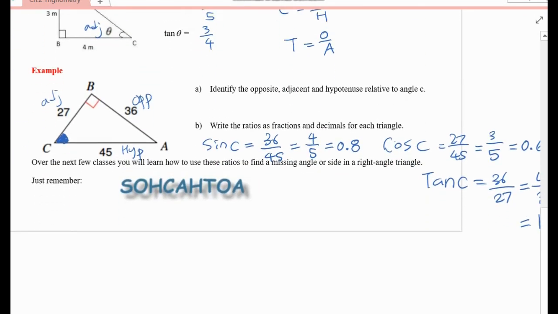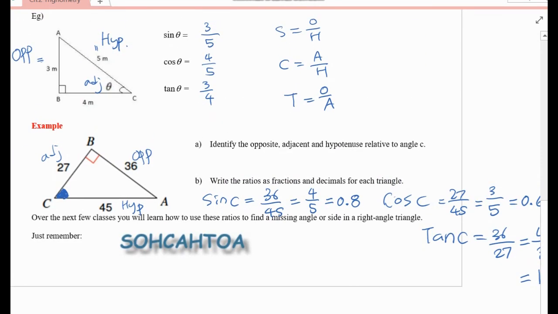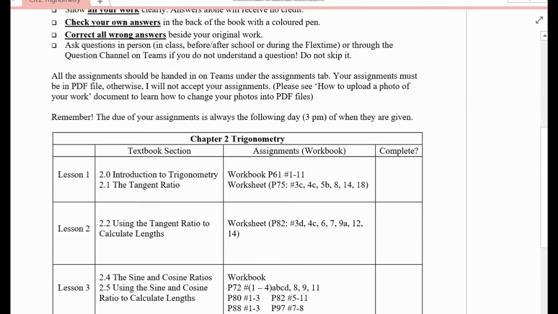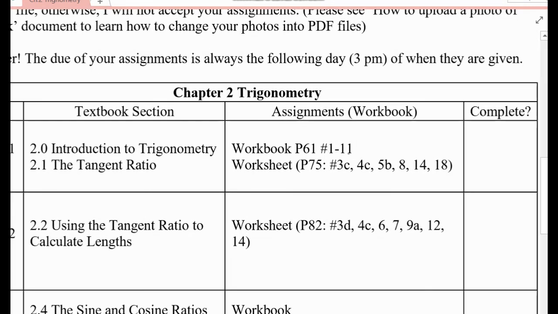So I want you to pause the video and start doing your first assignment: workbook, page 61, from number 1 to 11. Open your workbook, page 61, and start solving the problems. We're going to continue with 2.1 soon.